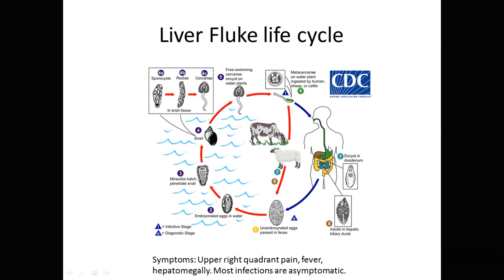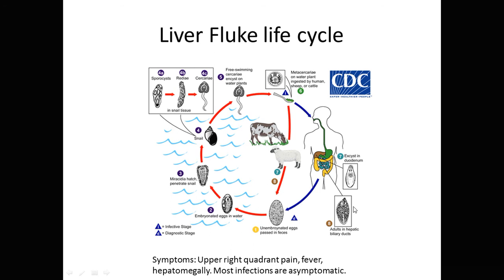The definitive host is the human, and the human releases the eggs, and then we have several intermediate stages, and snail is an intermediate host here, and the larval stage infects human, and the larval stage then moves to the blood and to the liver, and the adult worm lives in the liver, and here we have symptoms.